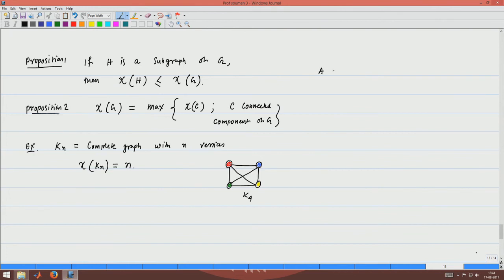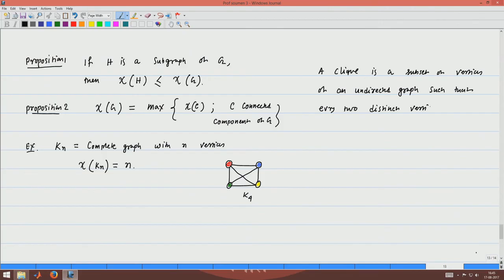A clique in a graph is a subset of vertices of an undirected graph such that every 2 distinct vertices in the clique are adjacent, right.